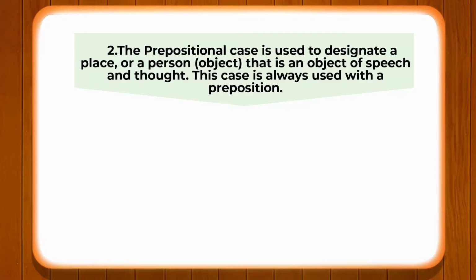Likewise, мой брат идет на стадион. Or we can say где играет мой брат? Играет на стадионе. In this case, you can see the preposition на has been used.